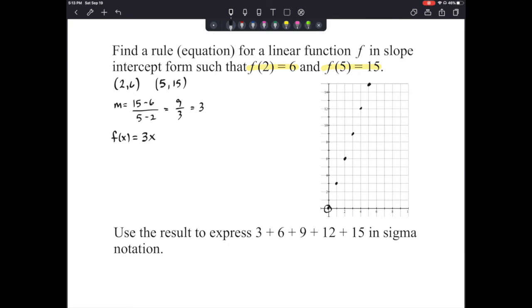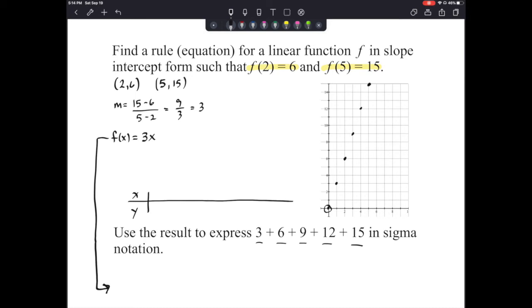Okay, so what it's asking us to do is to relate this function to this series. And the way we have to think about that is this, right? My x and my y. My x is like my term number, y is like my term.